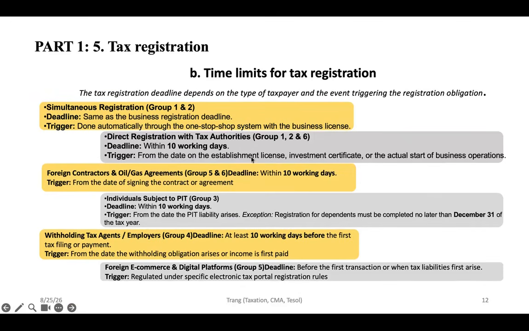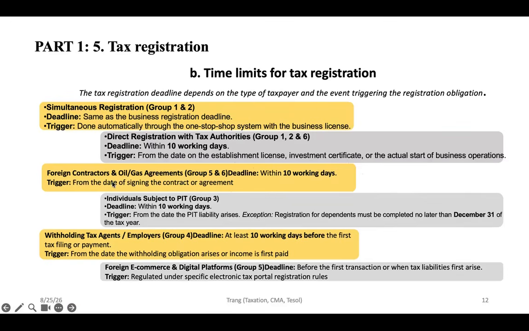Second, if an organization must register directly with the tax authority, they have exactly 10 working days. The countdown starts from the date on their own business license or the day they start operations.